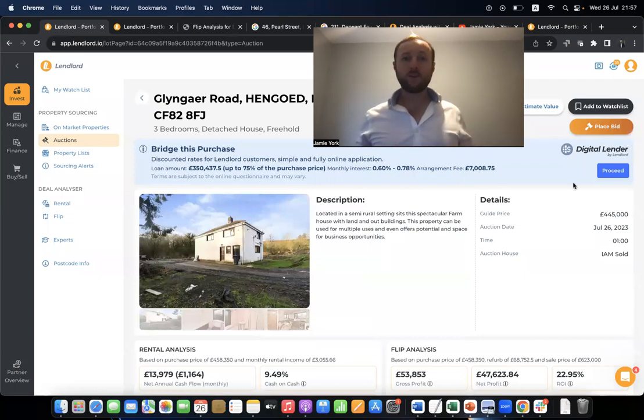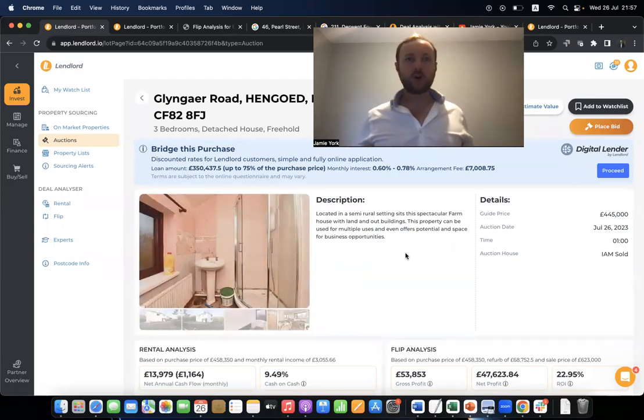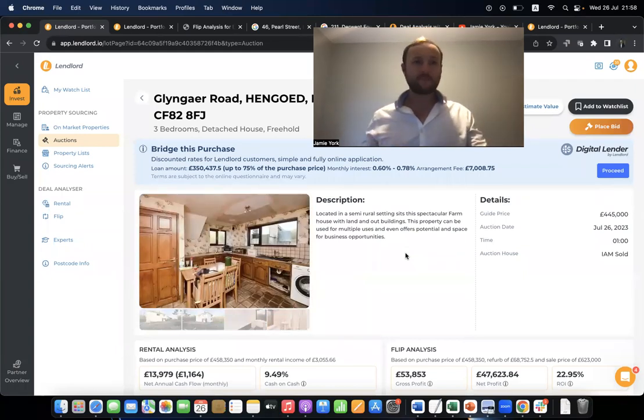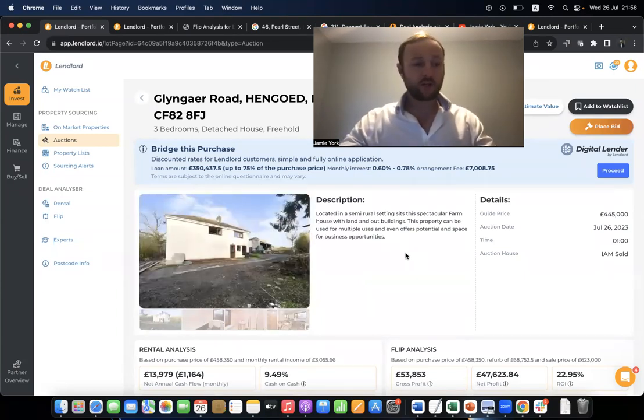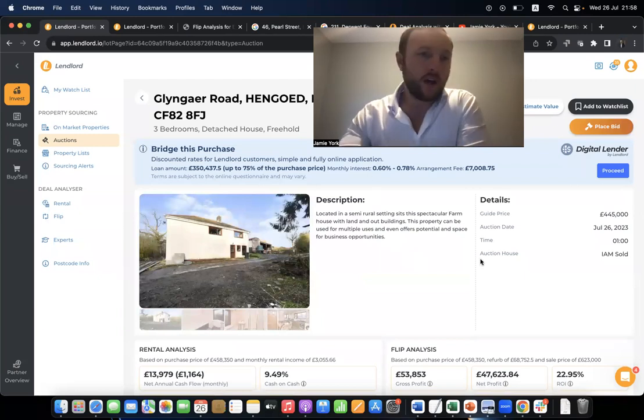So get an idea that you would get approved for the finance, and then get in touch with them before the auction even starts and put in a pre-auction offer. Nowadays you're finding more and more people accepting that and making it happen. So that's really cool. Auctions are one of the strongest ways right now.